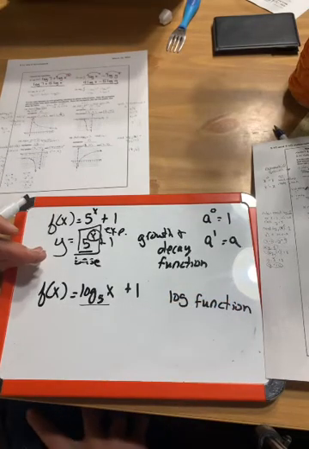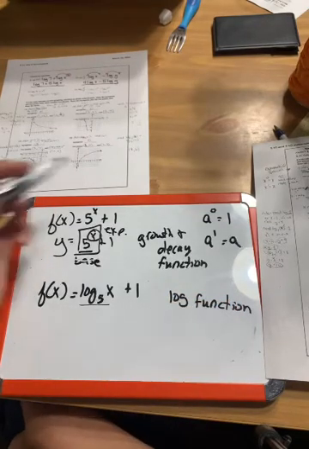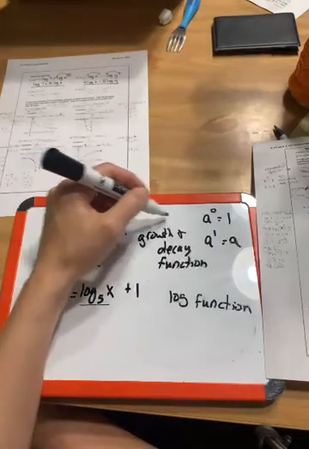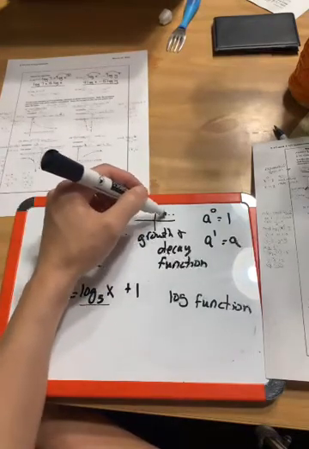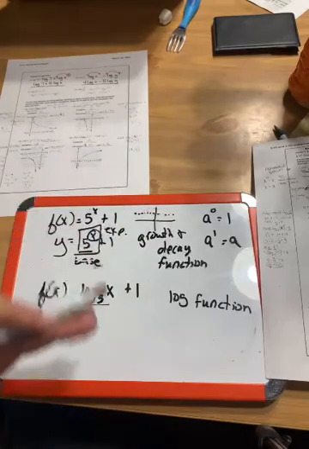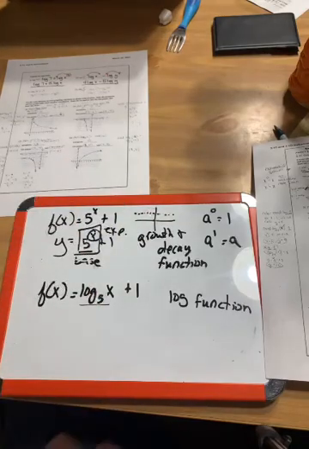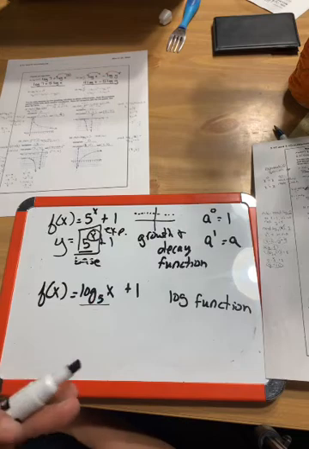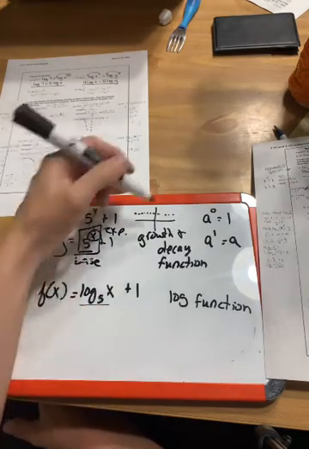So an exponential growth and decay function will always have a horizontal asymptote. And an asymptote is that line where your function gets really, really close to it, but it doesn't ever actually touch it. But it's kind of like that boundary line for your graph.